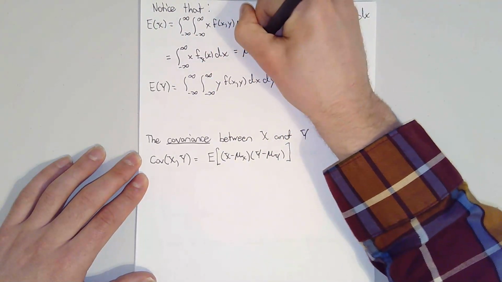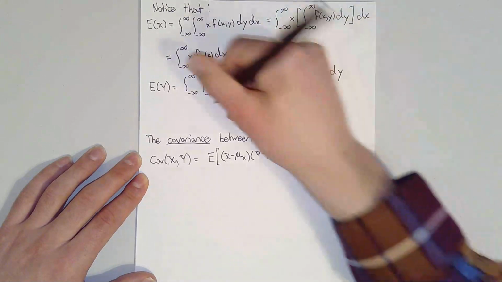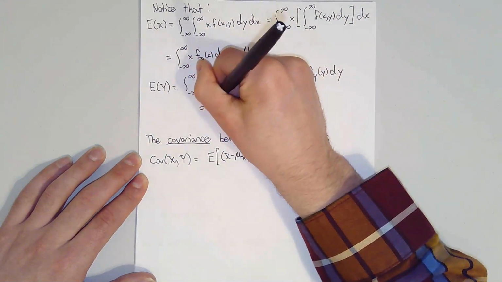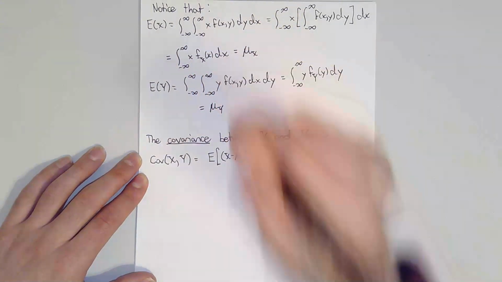So this is by definition mu sub x. Similarly, the expectation of y is the quantity mu sub y.